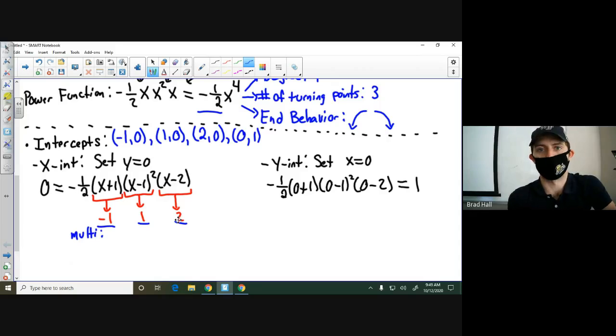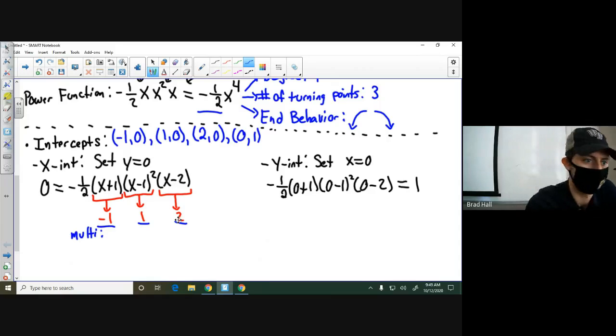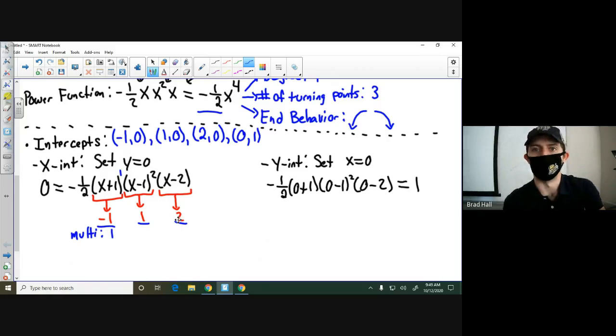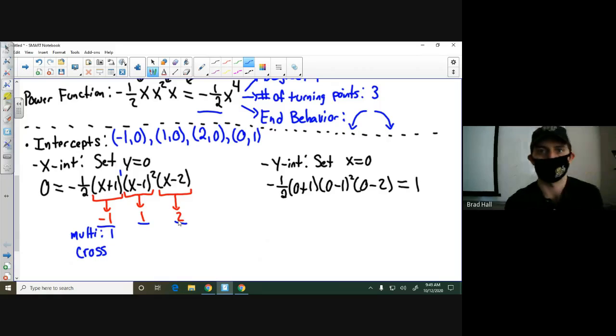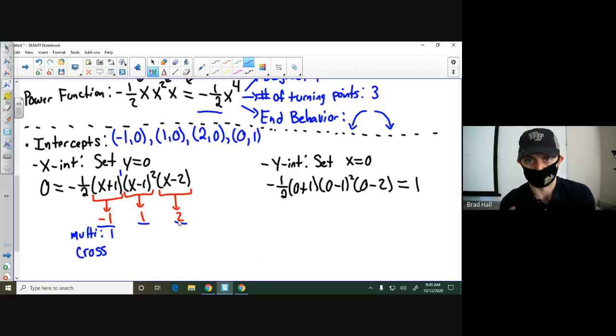Remember, that corresponds to the exponent of the factor that it came from. The exponent is understood to be 1. 1 is an odd number, which means that here, the behavior is that this would cross. This is the thought process you need to have with behavior near each x-intercept.